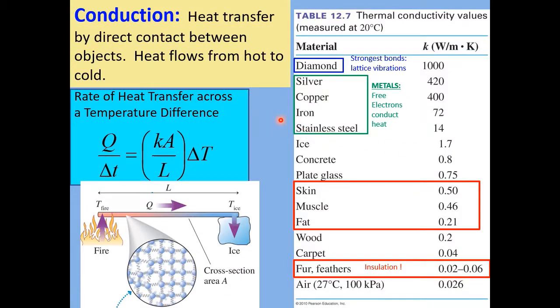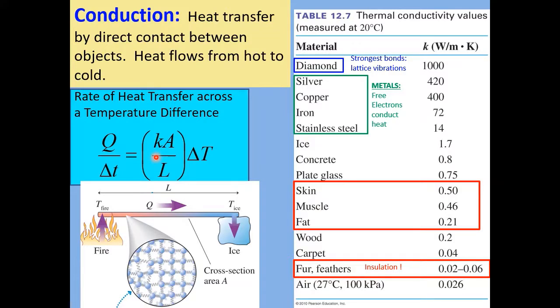So there's a formula for the rate of heat transfer for conduction, and it's shown like this. The rate of heat transfer is the amount of heat Q divided by the time, so this is in joules per second, and it's given by this equation here. The key thing here is this parameter K. K is called the thermal conductivity of the material, and different materials have different thermal conductivities.